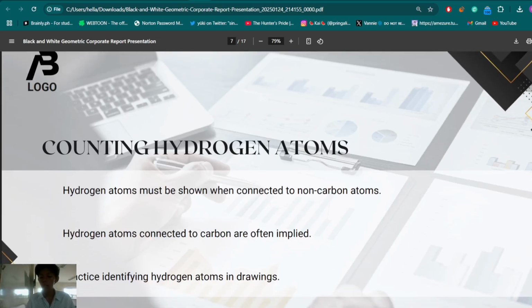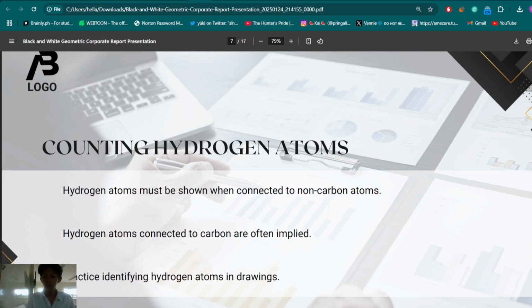Counting hydrogen atoms. Since hydrogen atoms attached to carbon are not shown in bond-line drawings, you need to determine them based on carbon valency.